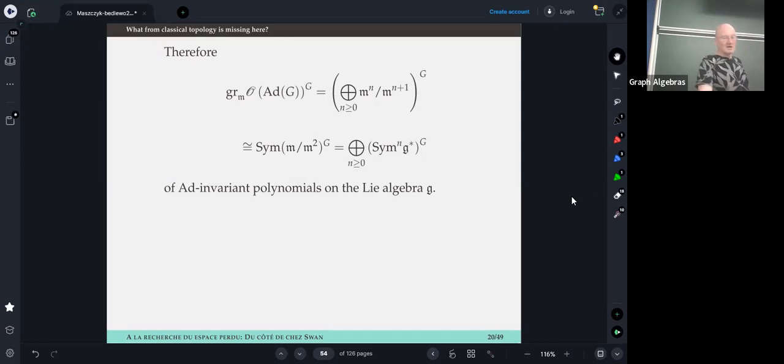So we end up with G invariant polynomial functions on the Lie algebra of this group.